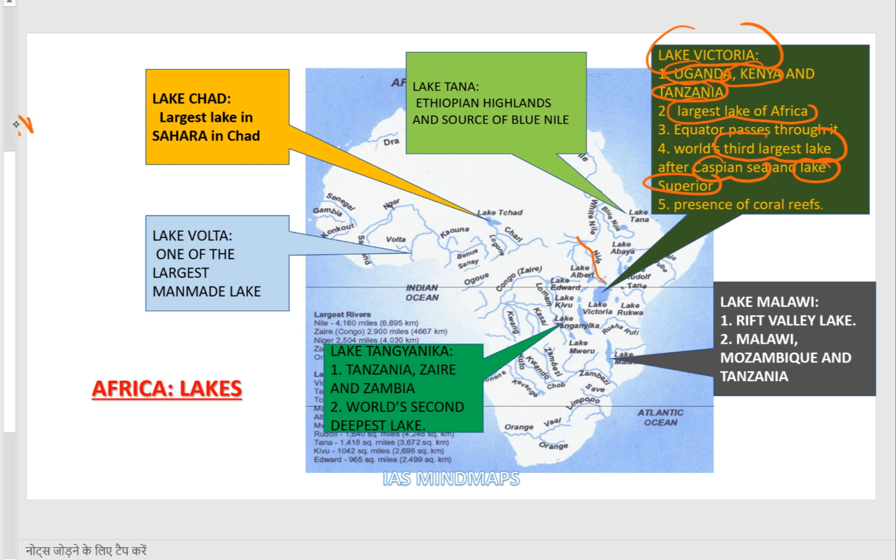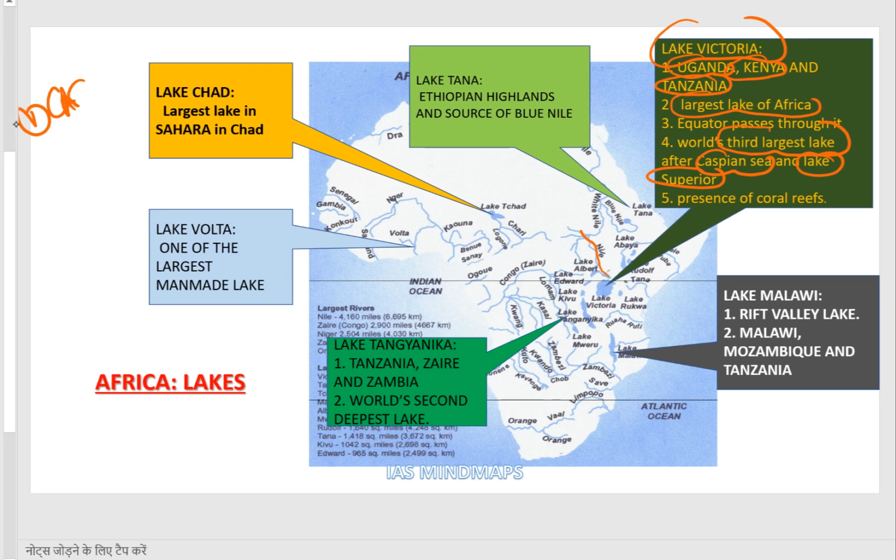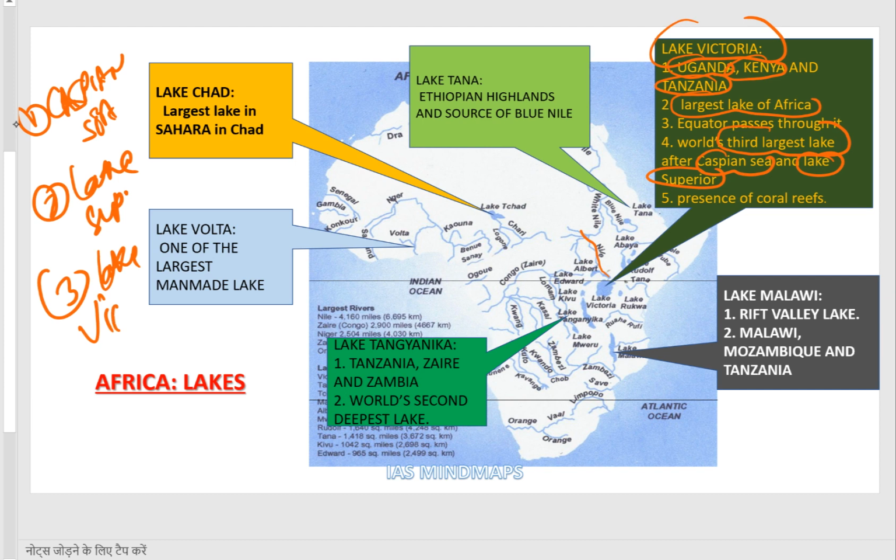So rank 1 is Caspian Sea of Central Asia. Rank 2 in the world is Lake Superior of North America. And rank 3 is Lake Victoria of Africa. And let me tell you, Caspian Sea is a saline lake, while Lake Superior and Lake Victoria are freshwater lakes.